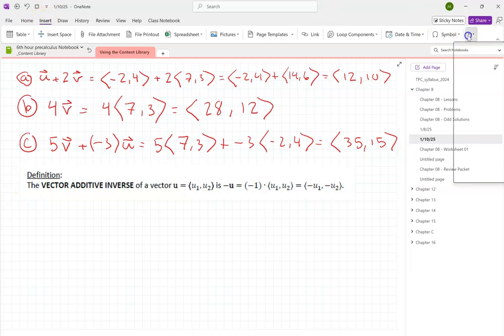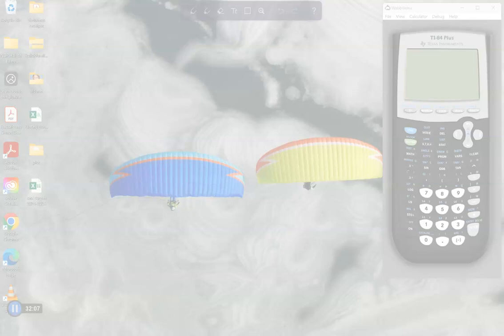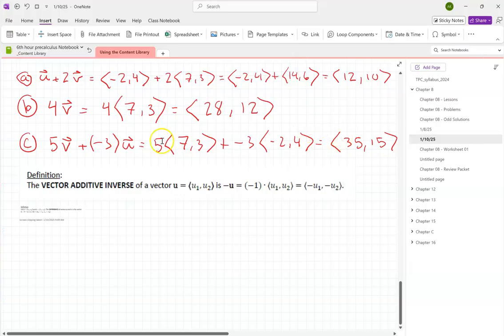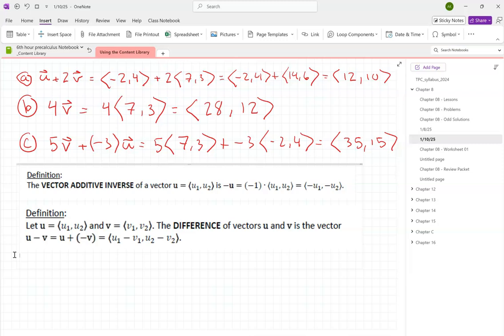Now that we've defined the additive inverse, we can define what we mean by vector subtraction. If we have, again, the vectors u and v, the difference between vector u and vector v is the same thing as u plus the additive inverse of v.